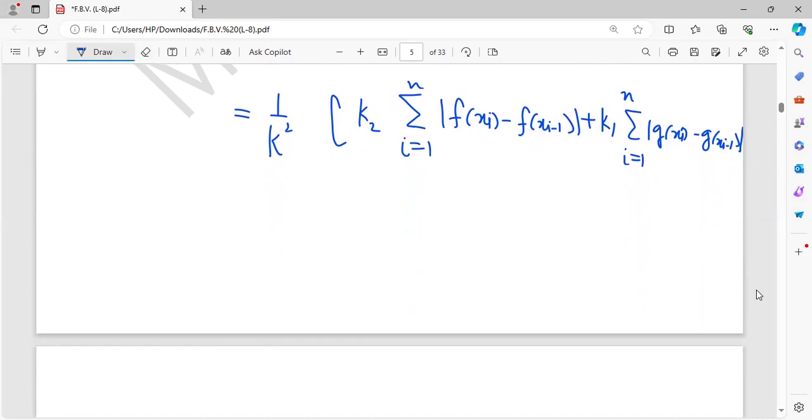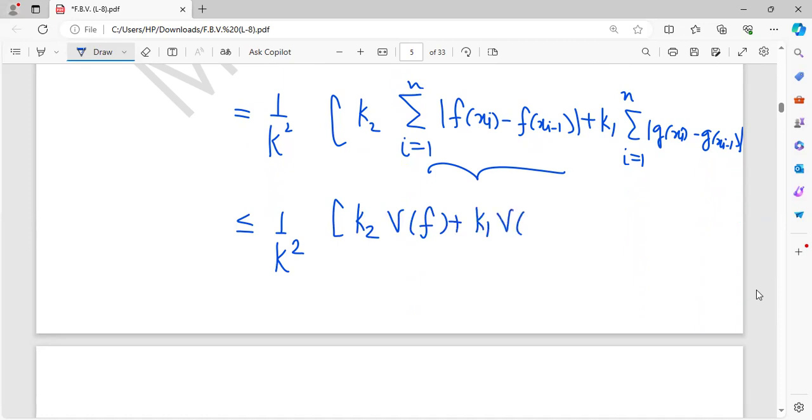So what will I do? This will be less than V_f, and this will be less than V_g. So this is 1 upon k square, K2 V_f plus K1 V_g.